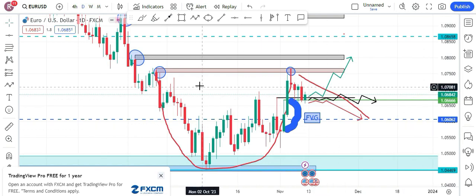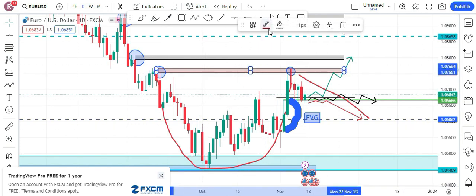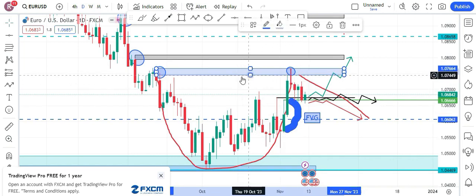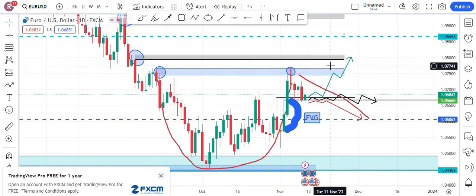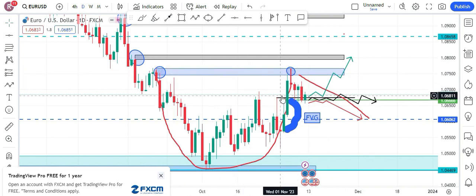So this one we should officially change the color to day color, because day has already fulfilled the day journey. It has made the double top here in day.